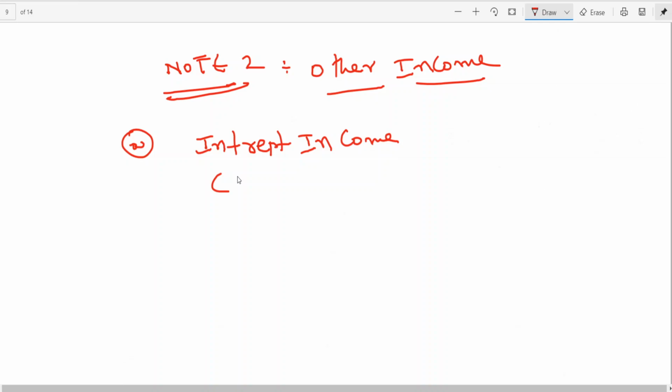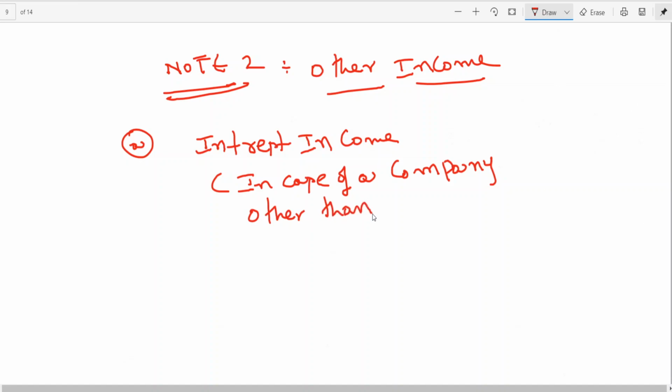For a finance company, it is revenue from operations. For others, it is other income. In case of a company other than a finance company.